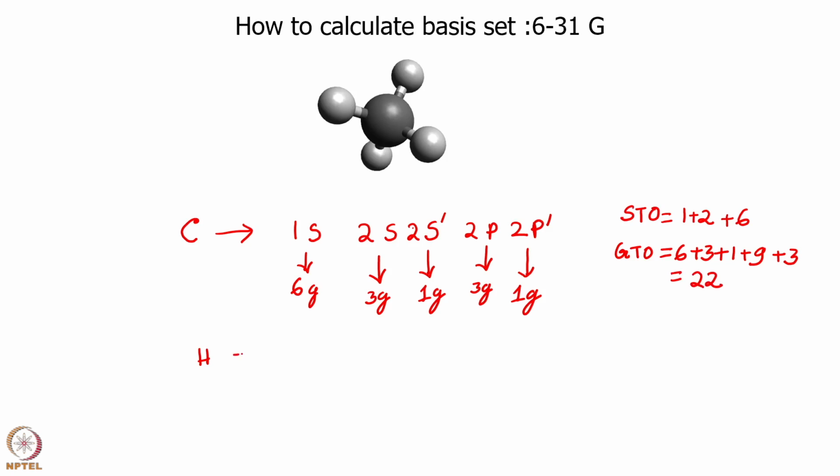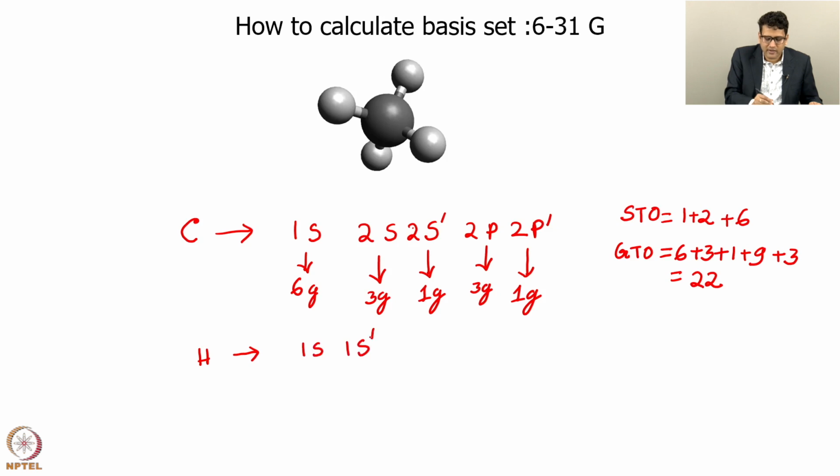Now, hydrogen. For hydrogen there is no core orbital, the only electron it has is a valence electron. So, in this case I will have 1s, 1s dash. The first one I will expand in 3 Gaussians, the second one I will expand in 1 Gaussian.